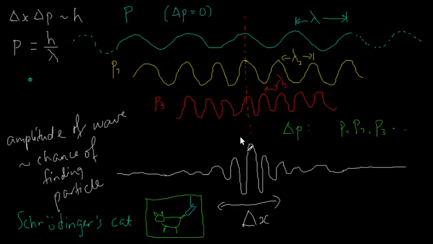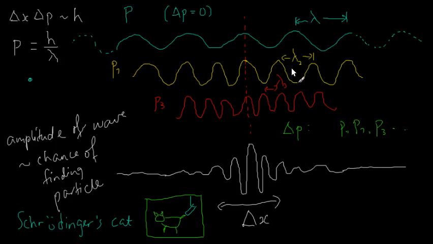Now that understanding gives us the impression that the delta x and the delta p in the uncertainty relation are like random errors, errors of measurement. Now, in fact, in this wave theory of particles, the actual meaning is slightly different.